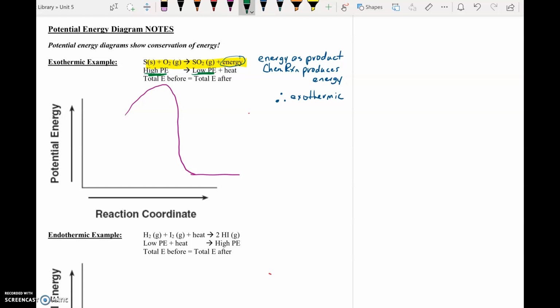Remember that these are the reactants and these are the products, and this space right here is what you get when you subtract the products minus the reactants, delta H. It's going to be a negative value because it's exothermic.